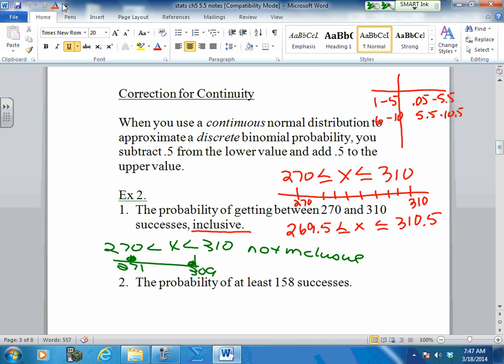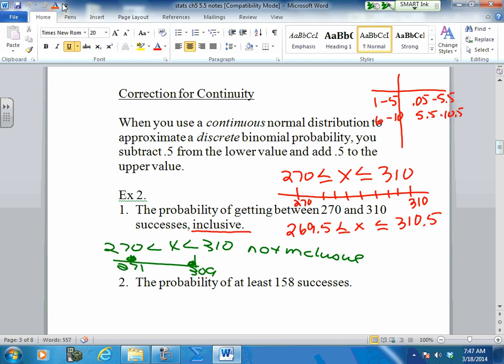If I say the numbers between 1 and 5, inclusive, I want 1, 2, 3, 4, 5. If I say the numbers between 1 and 5, what numbers are between 1 and 5? 2, 3, 4. So inclusive means I'm going to include my endpoints. If it's not said at all, I'm not including my endpoints.